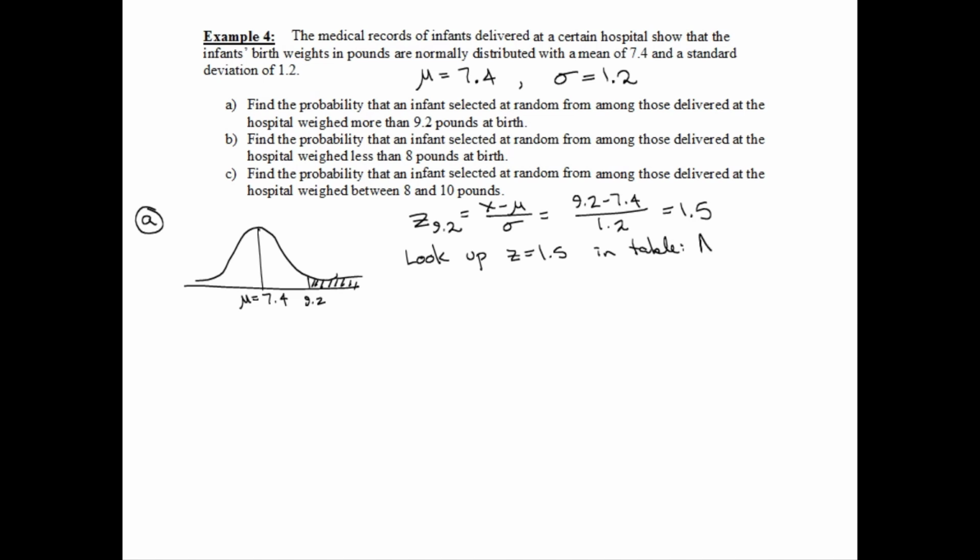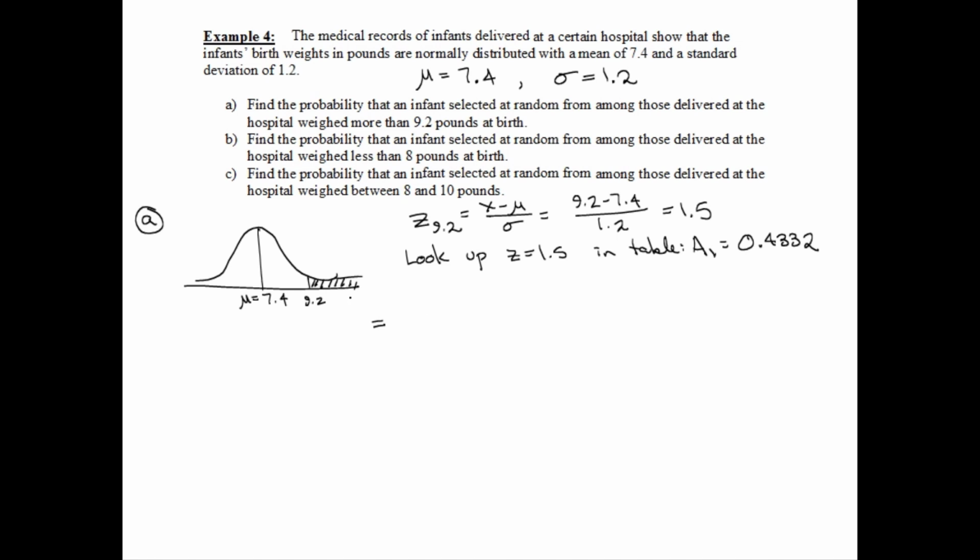And that's going to tell me that my area is, let's call this area A1, 0.4332. Now what are we going to do with it? Well, we need to decide how to get this shaded area.